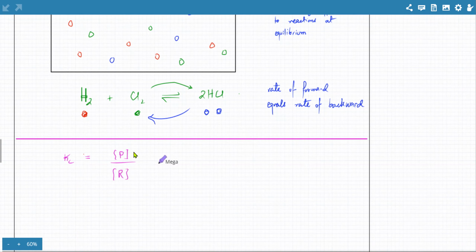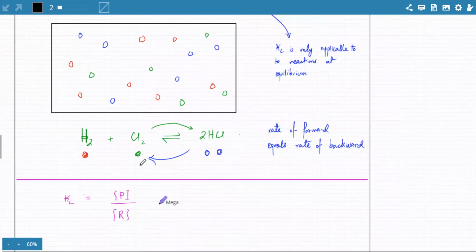Sometimes you're going to get more products depending on the conditions, and sometimes you're going to get more reactants. But whatever happens, if the reaction reaches equilibrium, then the amount of products and reactants would stop changing. So the concentration of the product and the concentration of the reactant would stop changing, and they're going to have a ratio.